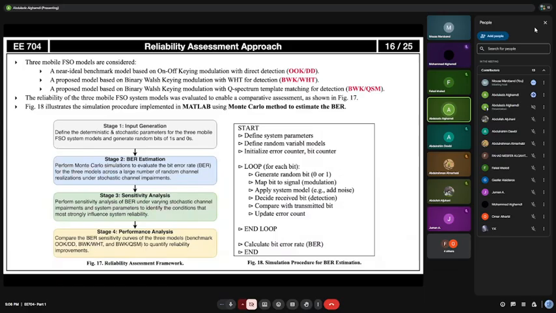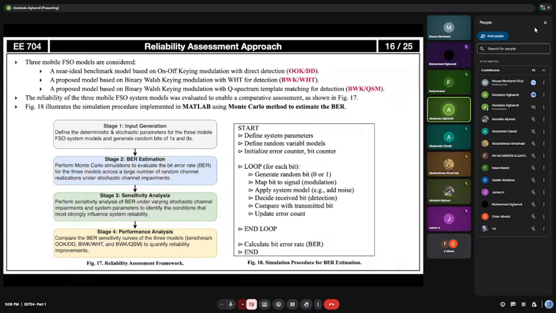Usually, the Walsh-Hadamard transform is used as a multi-carrier modulation technique, for example, in CDMA system and OFDM system, to allow multiple users to share or to transmit in the same channel. But this is traditionally in the RF domain, not in the optical domain.